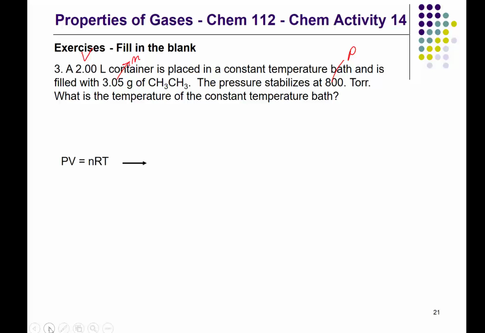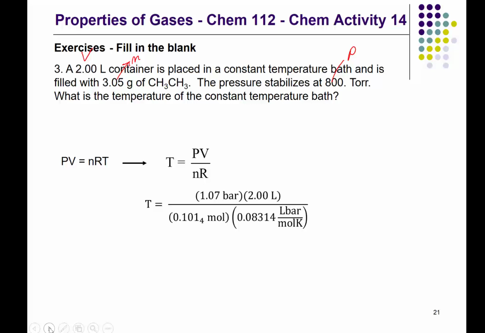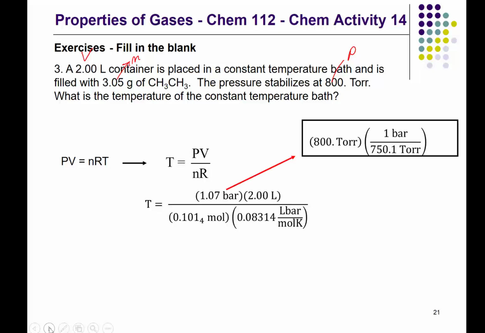So here's the equation, but now, in a sense, I'm going to divide both sides by nR to isolate the temperature term. So temperature is equal to PV over nR. I'm going to plug in some values. So one, I needed to change that pressure from torr to bar. So that would look like this. So again, looking up the conversion factor for the relationship of bar and torr.